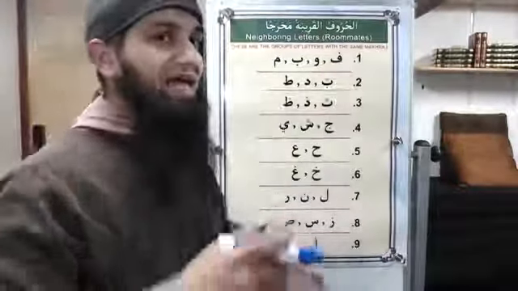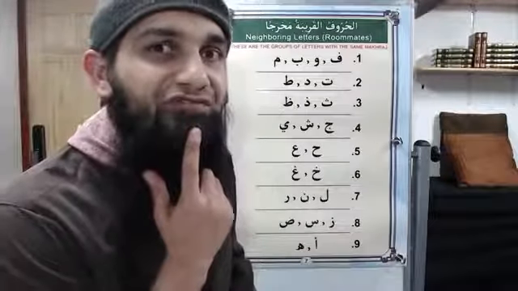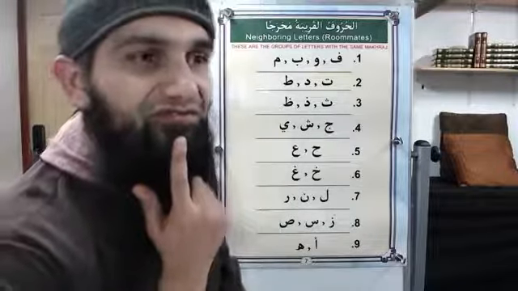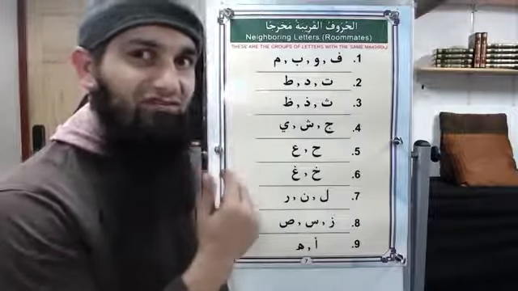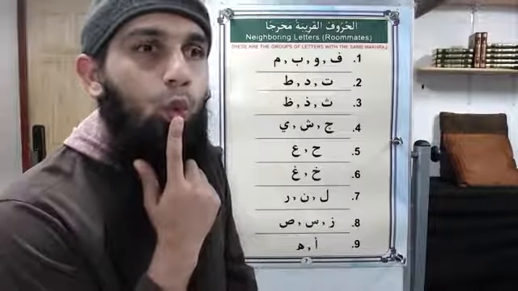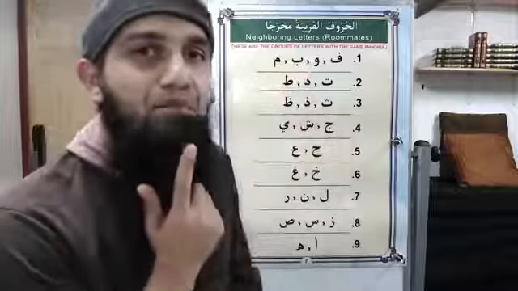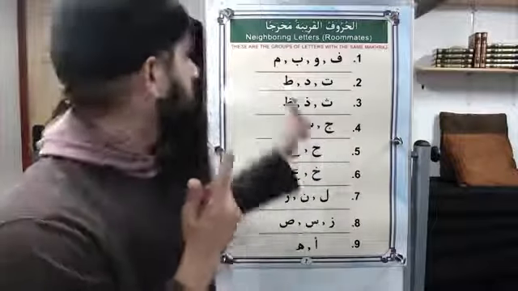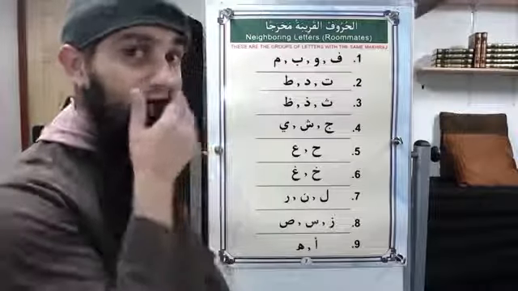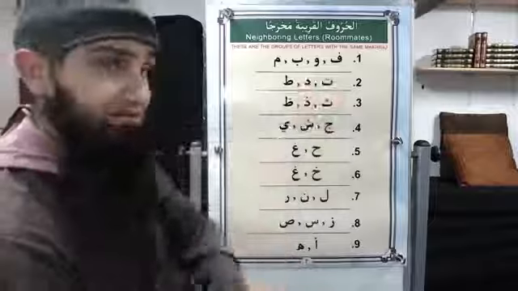So Fa: if you place the A before it, you get af. Say af. That's the sound. Aw. Ab. Am. This is how we know the sound of each letter. All of these come from the lips.